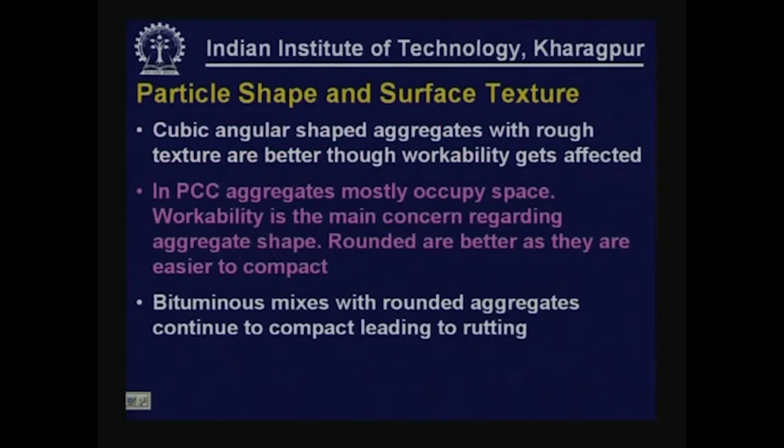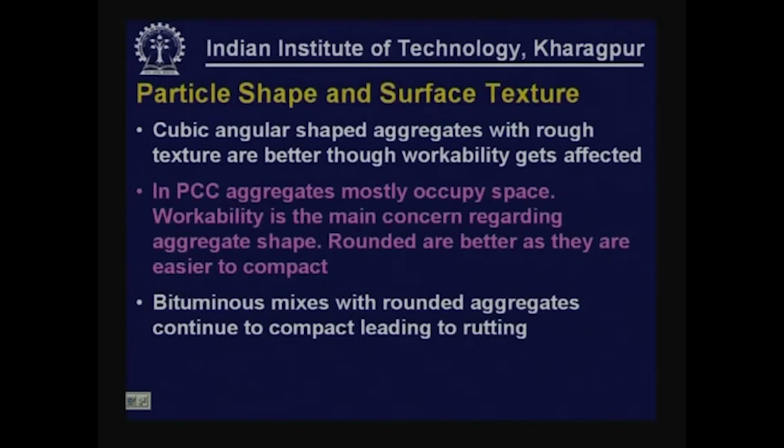How these are measured and what is the significance of this: cubic angular shaped aggregates with rough texture are usually better, though the workability gets affected. In PCC, aggregates mostly occupy space and strength provided by aggregates is not very significant, whereas workability is the main concern regarding aggregate shape.